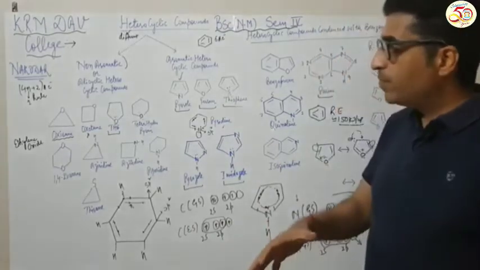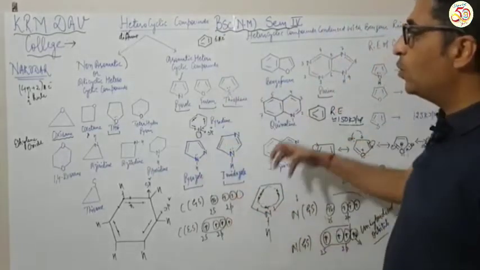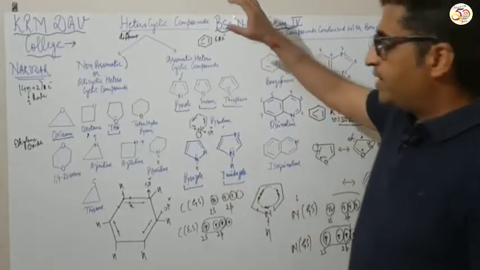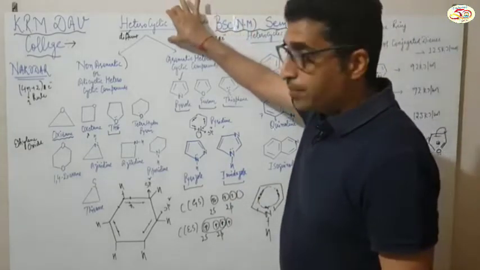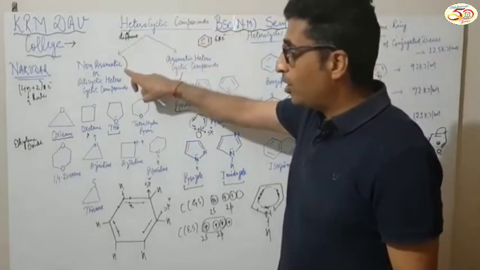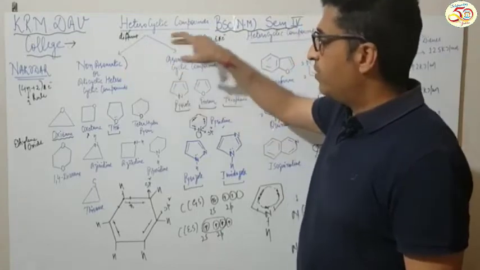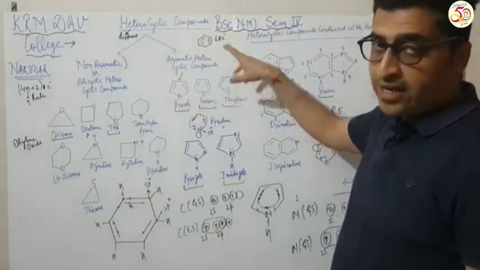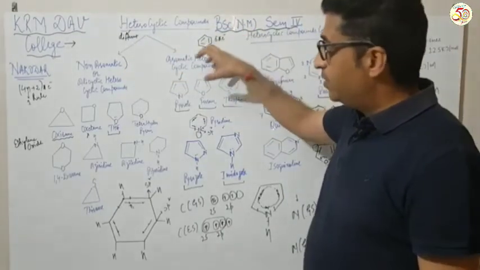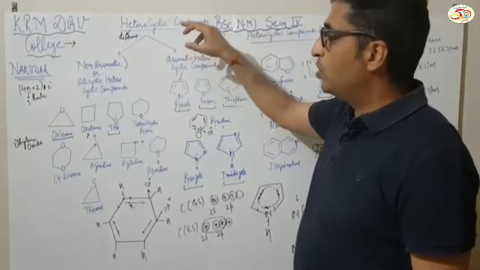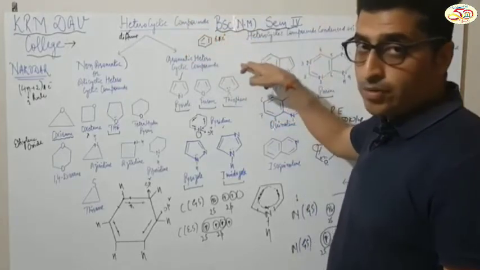So if you sum up the whole thing, the topic is heterocyclic compounds. We have non-aromatic heterocyclic and aromatic heterocyclic compounds. In this chapter, I'm going to teach you heterocyclic aromatic compounds.